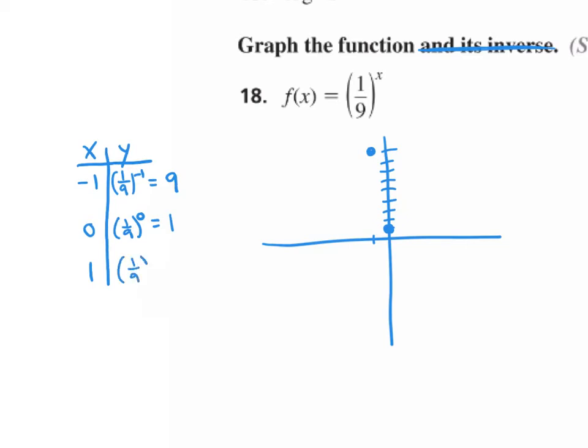We have 1 over 9 to the power of 1, which is 1 over 9. So we go to the right 1 and up 1/9. So we're barely off the ground there. Now we just connect our dots. It's important that you guys know the shape of an exponential graph and a logarithmic graph. Your graph is not going to cross the x-axis.